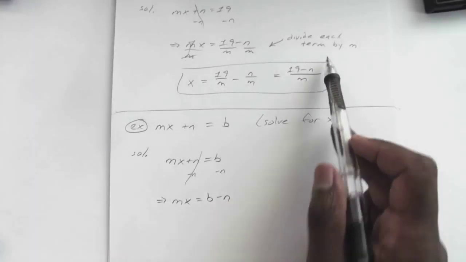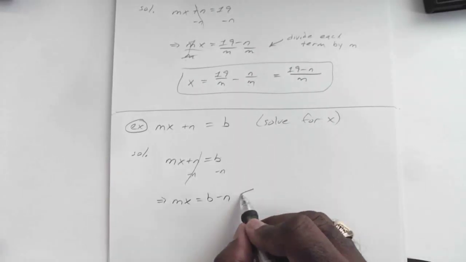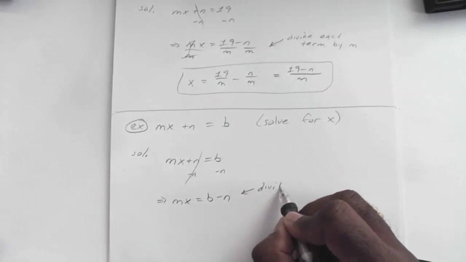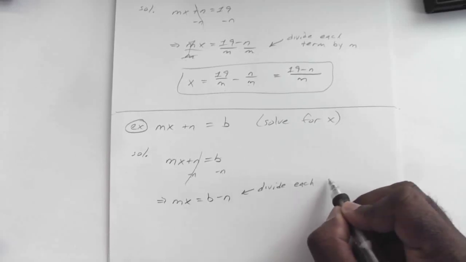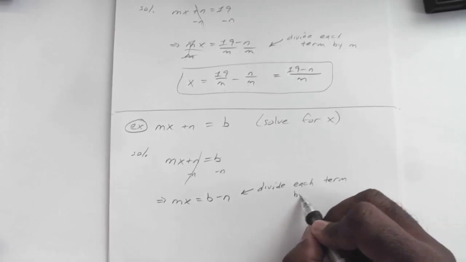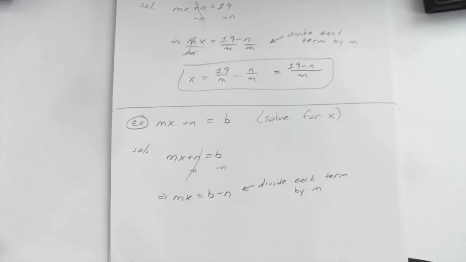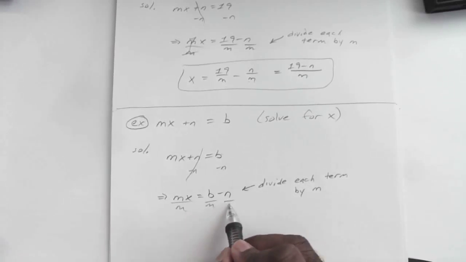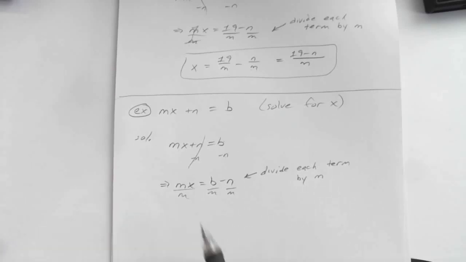And just like we did up here, divide everything by m. So if we divide each term by m, anything divided by itself always gives us 1.